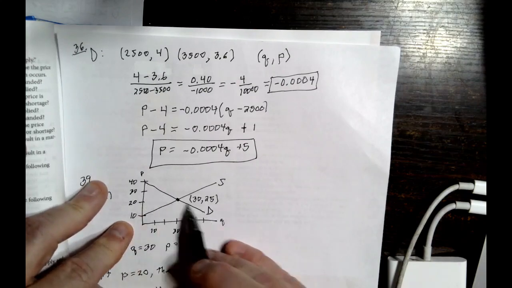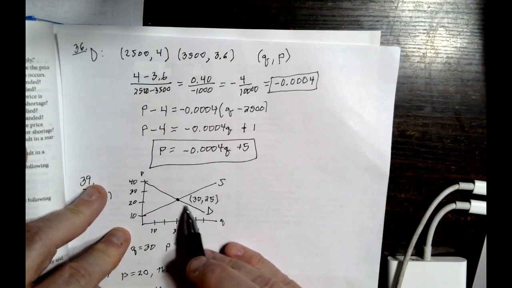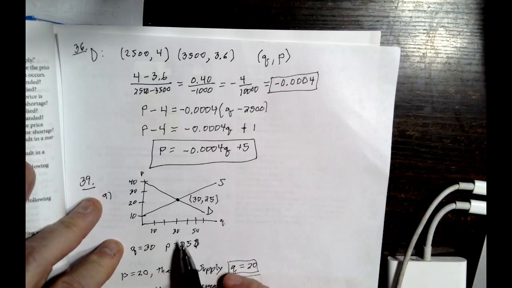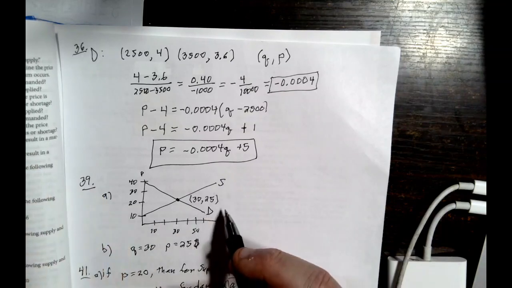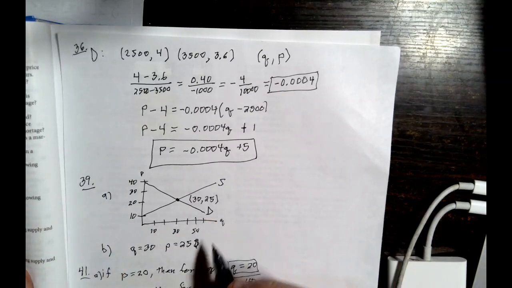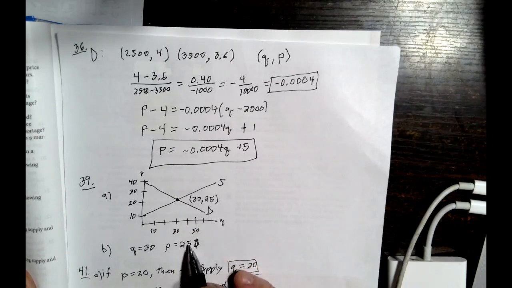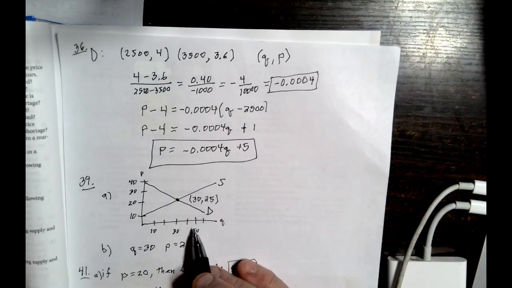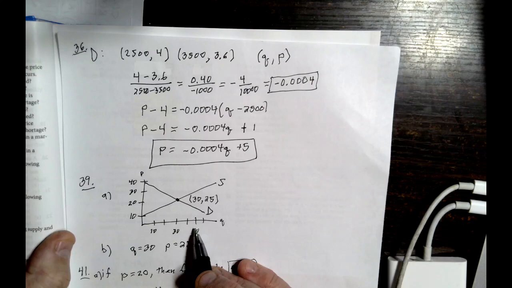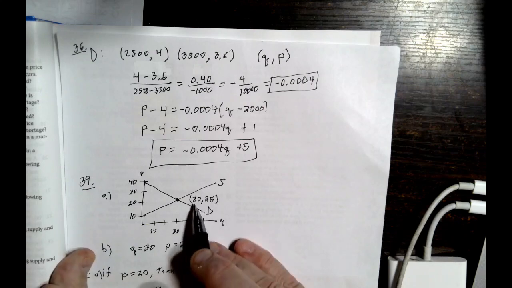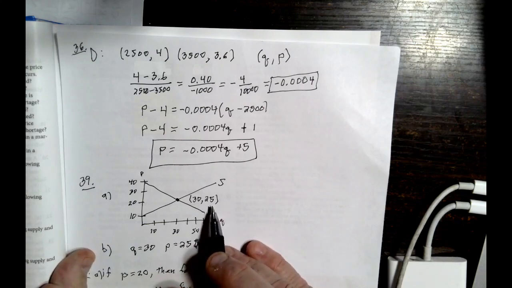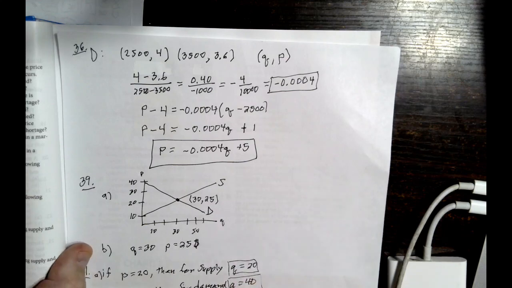So this guy is your demand. Okay, as the price goes up, your demand quantity gets smaller. So the other guy has to be supply. Alright, and so then you label the point here, which is called the equilibrium point. It gives you your price and your quantity, or your price is 25 and your quantity is 30.